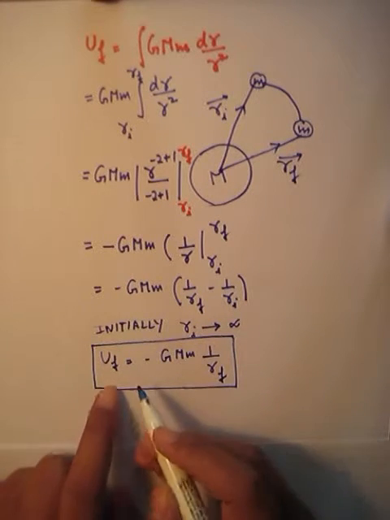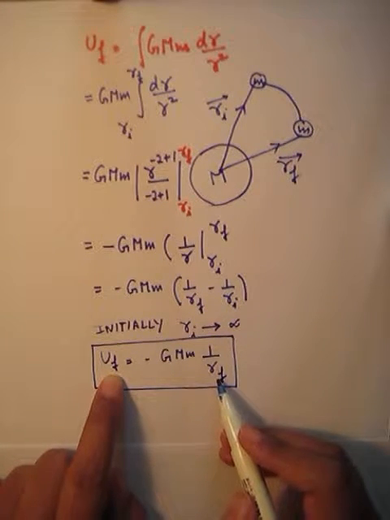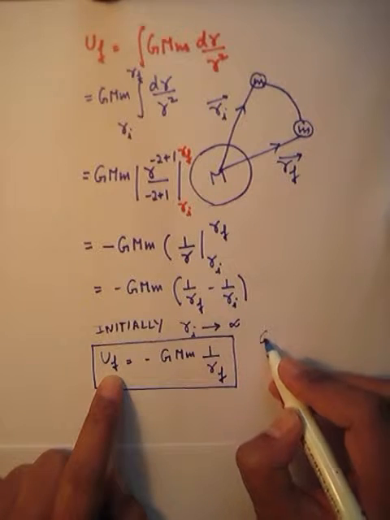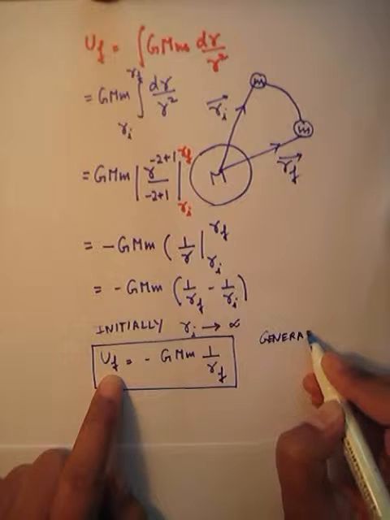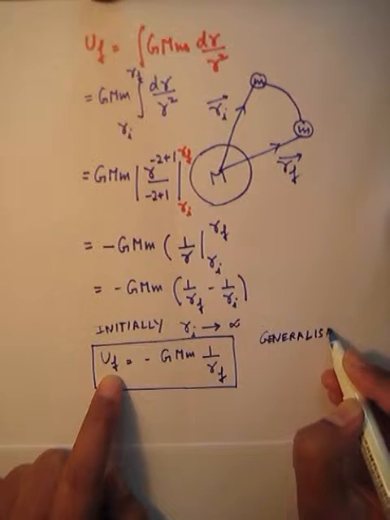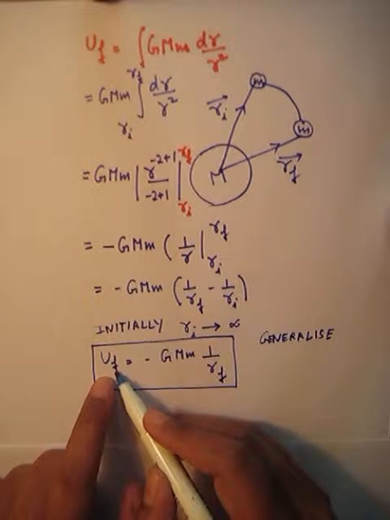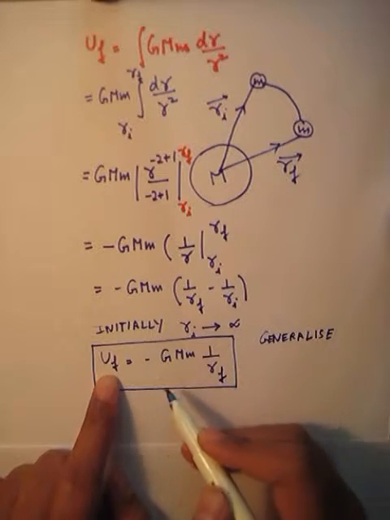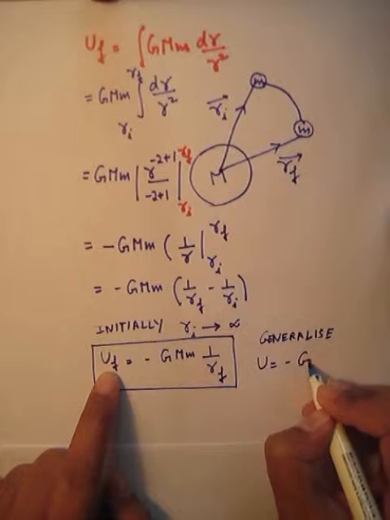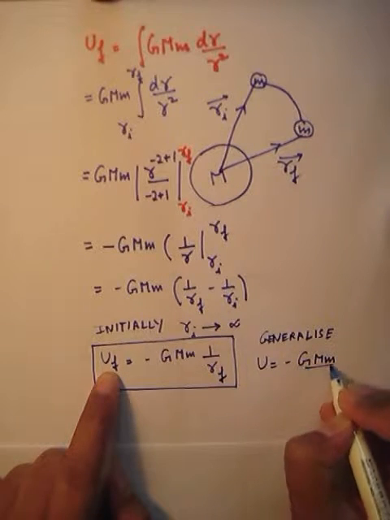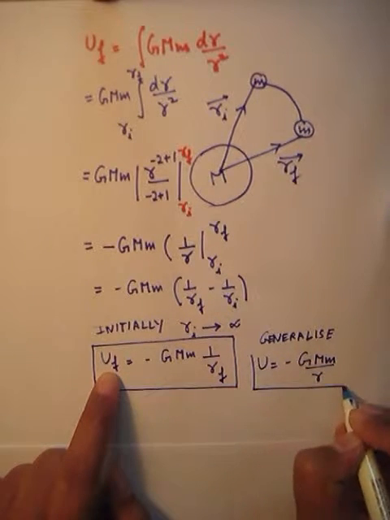And because it is final here and final here, if we have to generalize this relation, then if it is initial, it will be initial, and if it is final, it will be final. So we can generalize and say that in general, this relation should look something like this.